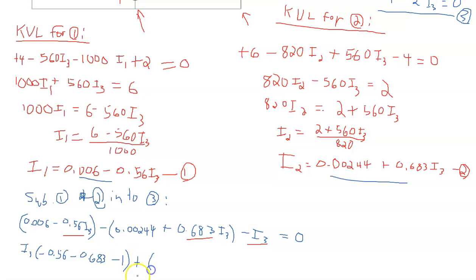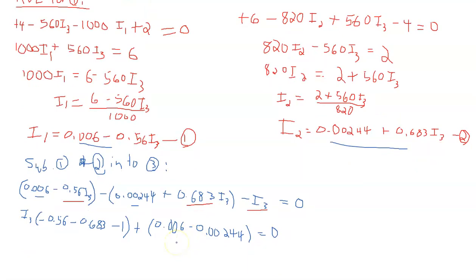Plus, I have now my constants to think about, 0.006, and the negative sign, subtract 0.00244 is equal to 0. Okay, so at that point I suppose I could have brought my constants here across the equal sign, but I'll do that now in a minute.